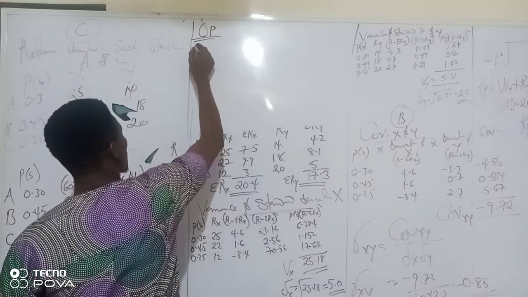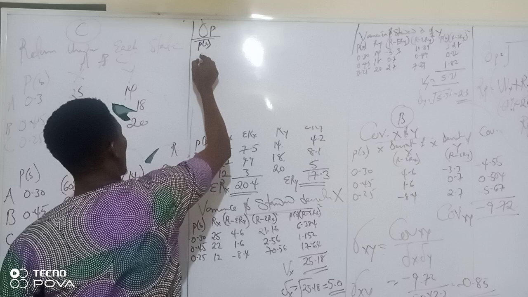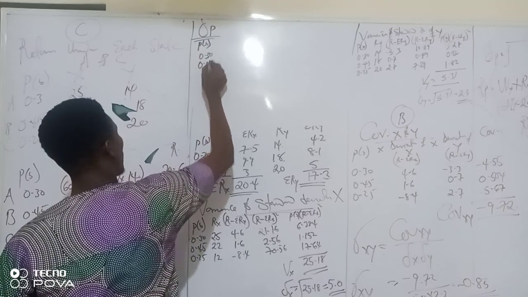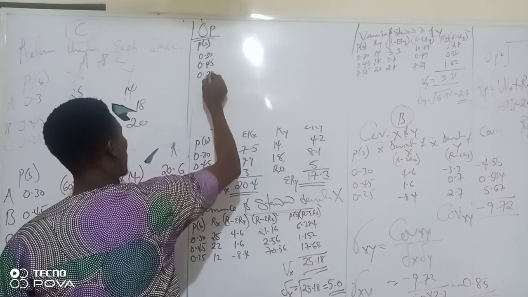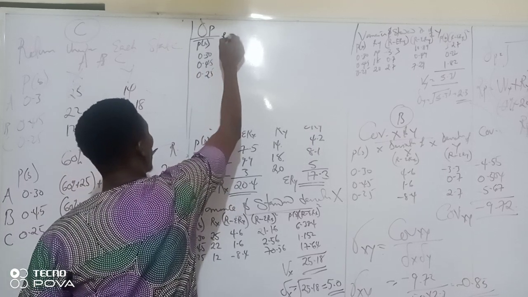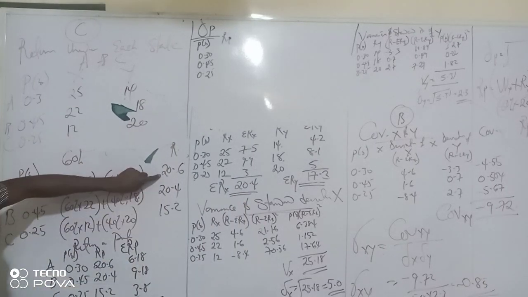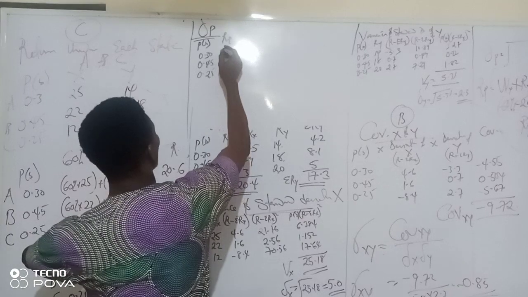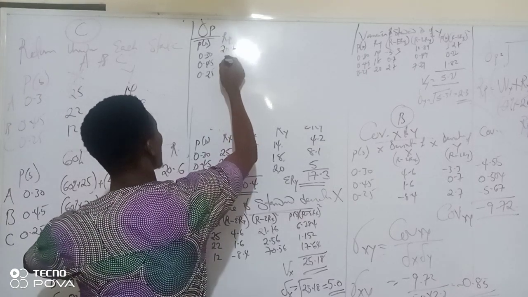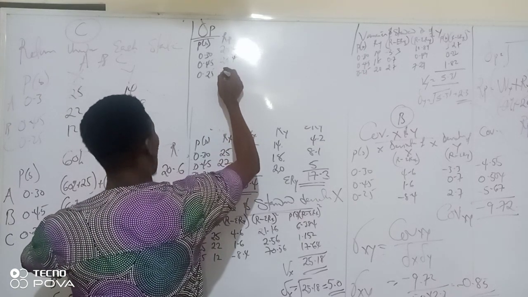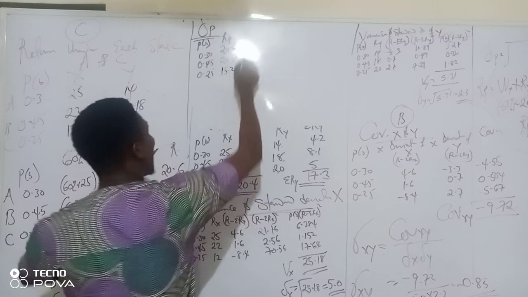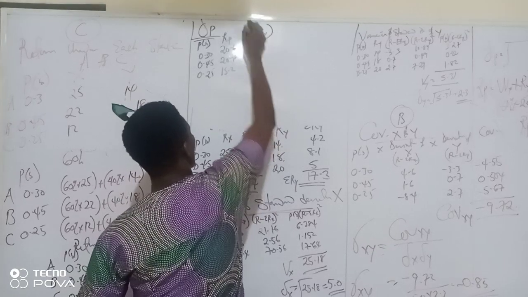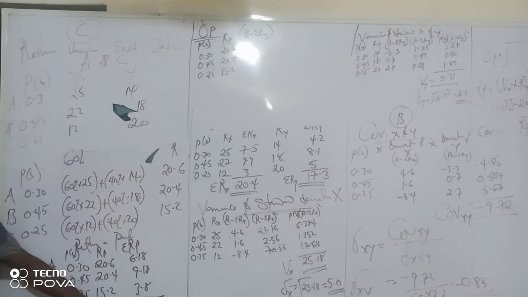The state of the world probabilities are 0.30, 0.45, 0.25. Our return on portfolio for each state of the world is 20.6, 20.4, and 15.2. So therefore, return minus expected return on the portfolio. Our expected return is how much? 19.1.